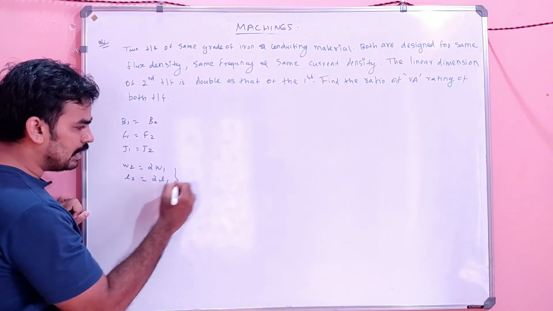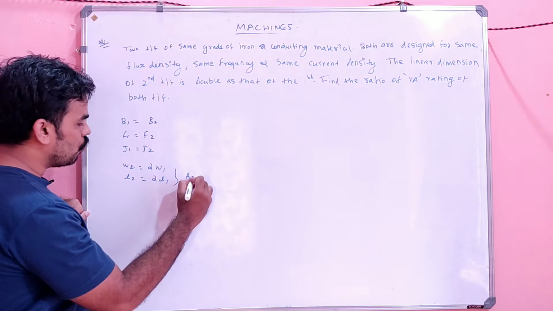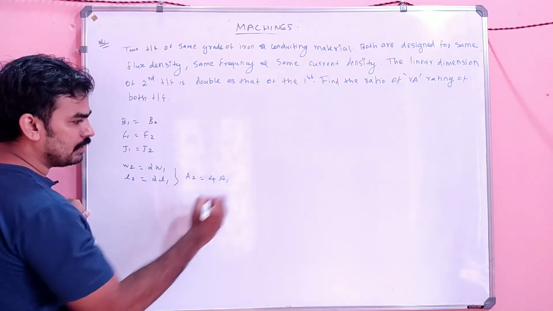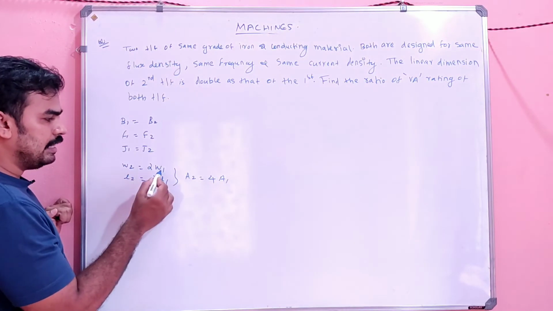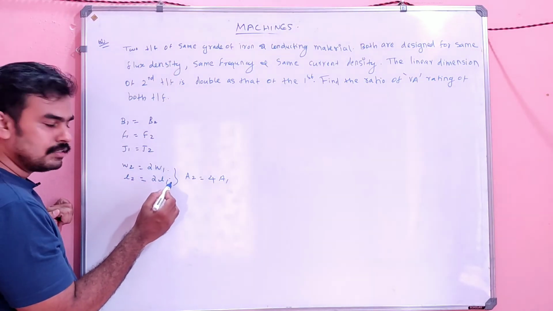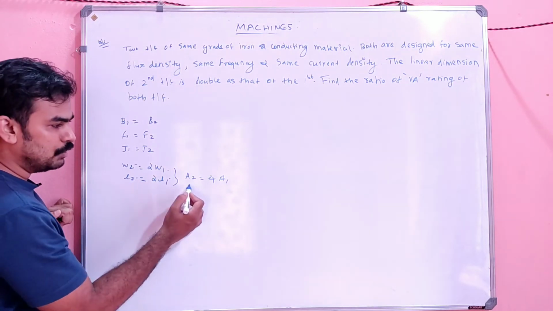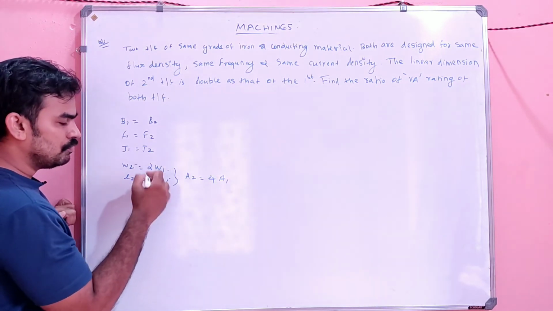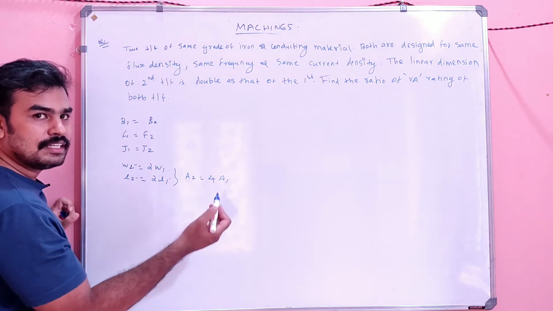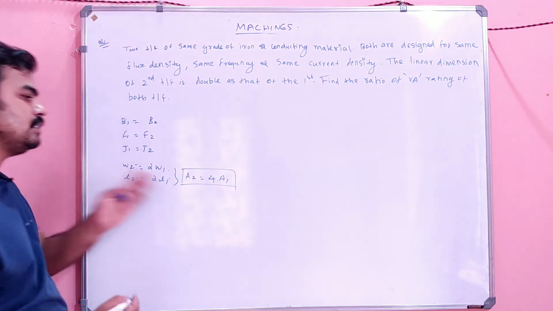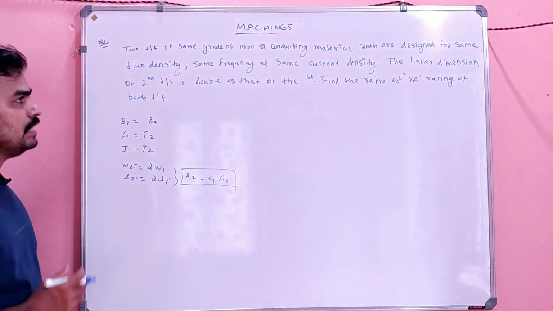So A2 equals 2 into 2, 4 times W1 into L1, which is A1. So A2 is equal to 4A1. Initially itself you get the relation.